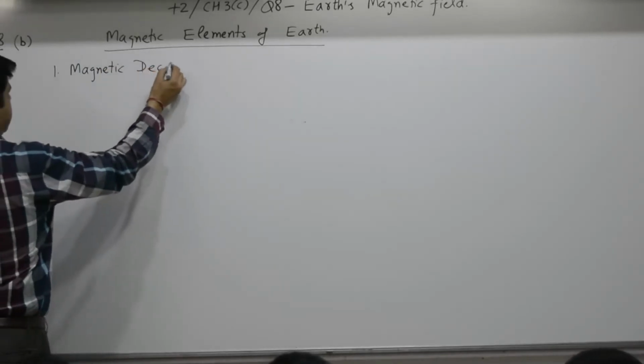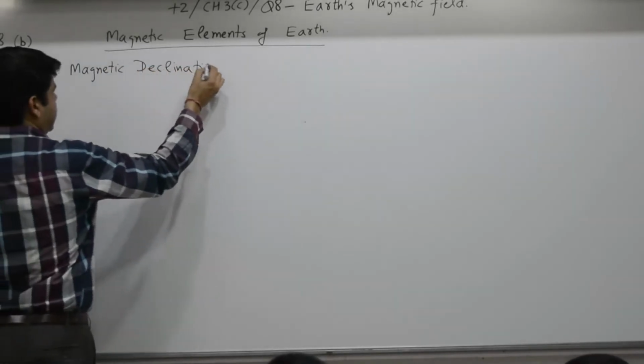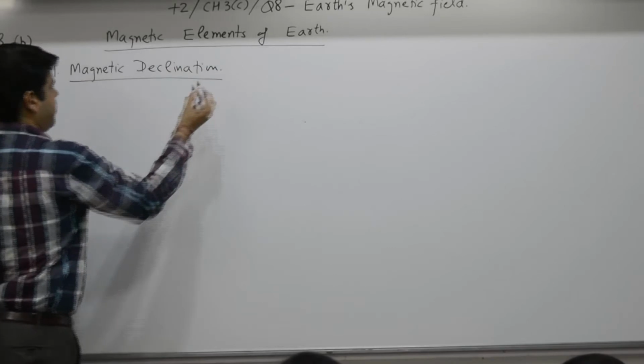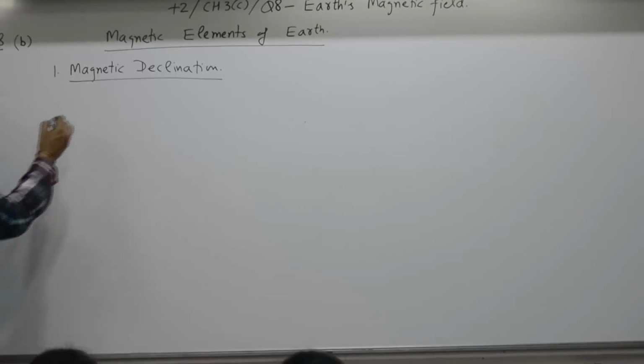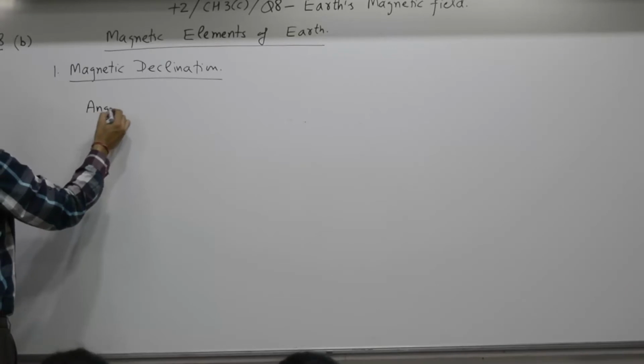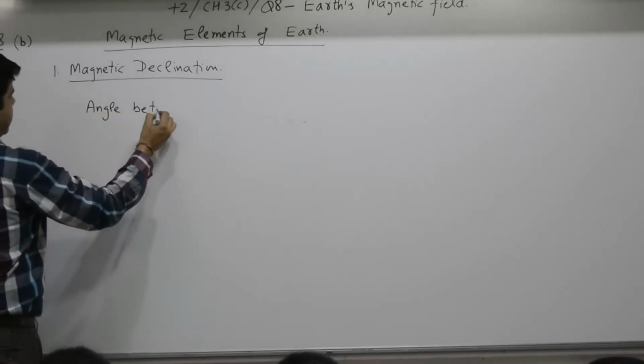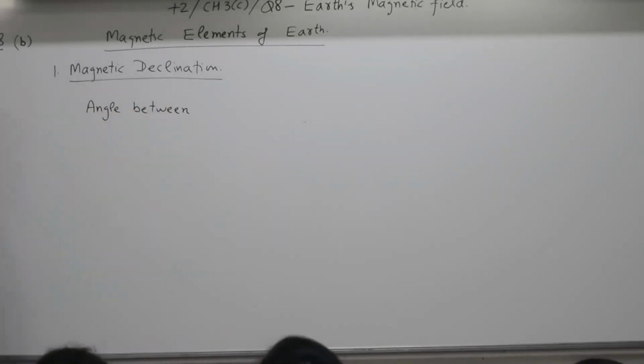Magnetic declination. Magnetic declination is defined at a place as the angle between two planes.